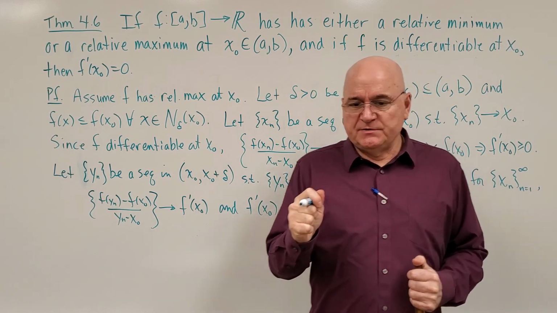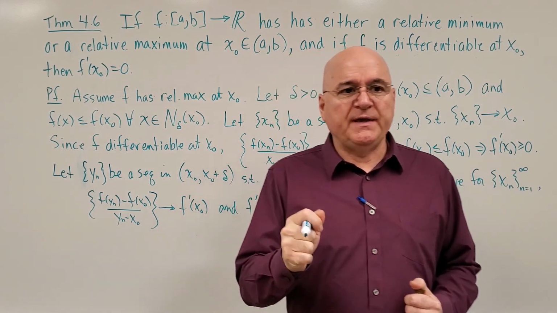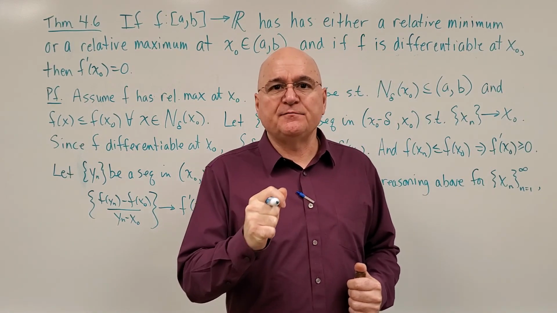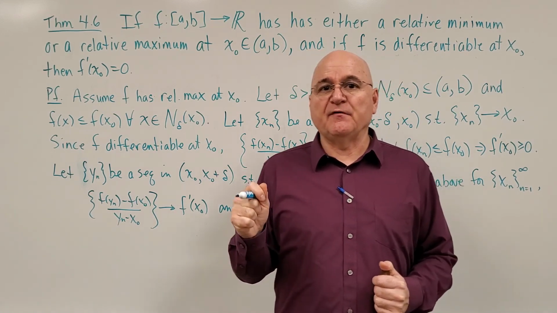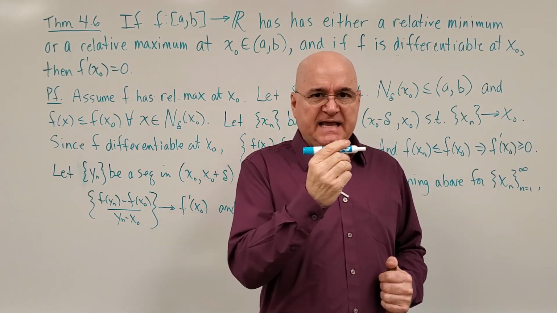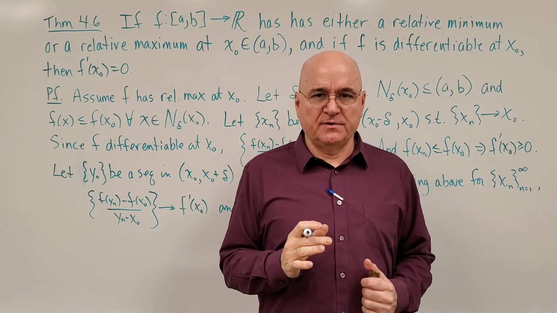Well, now we're going to state when a relative minimum or a relative maximum of a function will give us a tangent line that actually is horizontal.